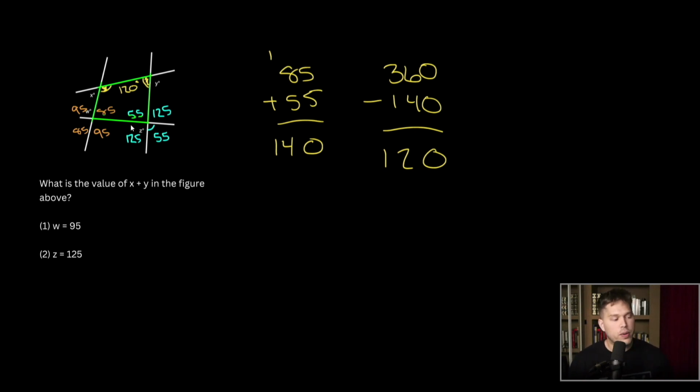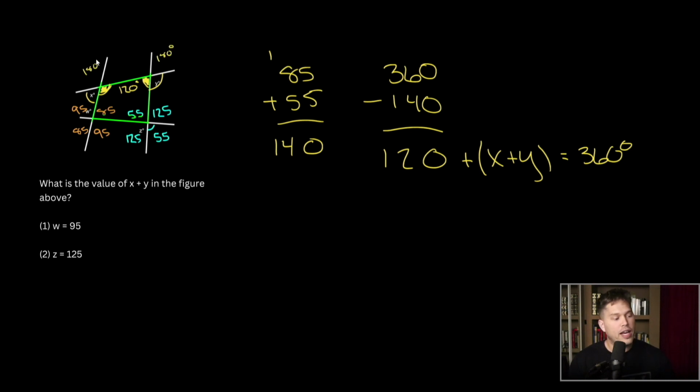I also know that if I add x plus y, then my output must also equal 360 degrees, because angle x plus this first angle form a straight angle, which would be 180 degrees. And this second yellow angle plus angle y also form a straight angle that would be another 180 degrees.